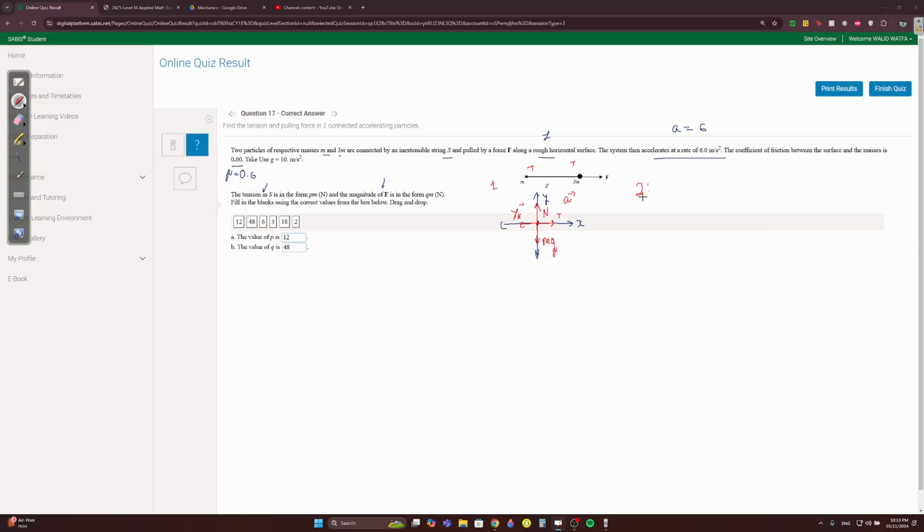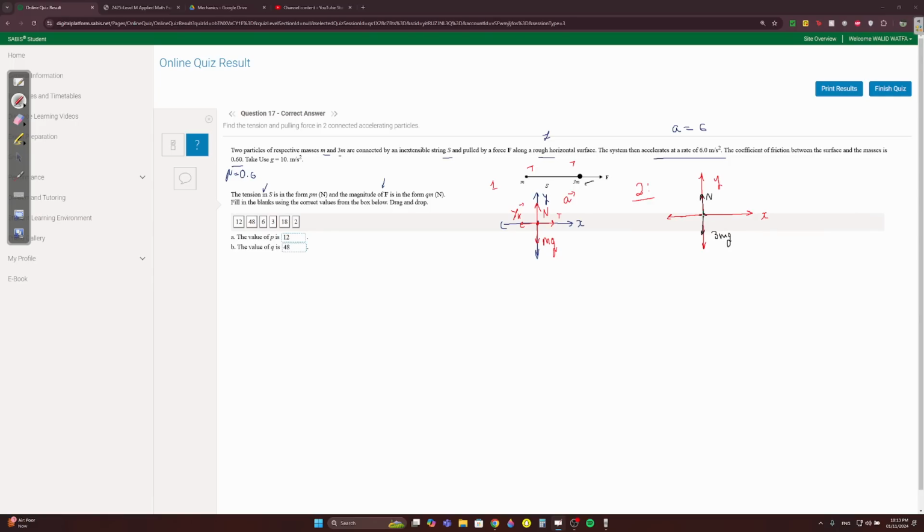How about block 2? Again, FBD, y, x. What do we have? We always have the weight. It's going to be mg, but what's the mass here? It's 3m. So I'm just going to call it 3mg because that's going to help me out later. And of course, you have the normal, right?